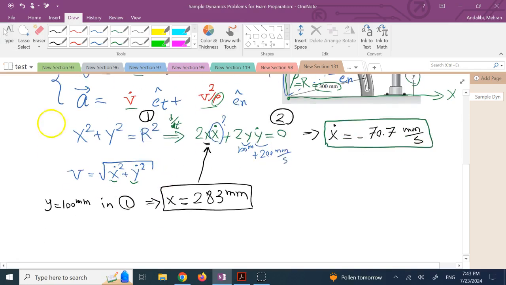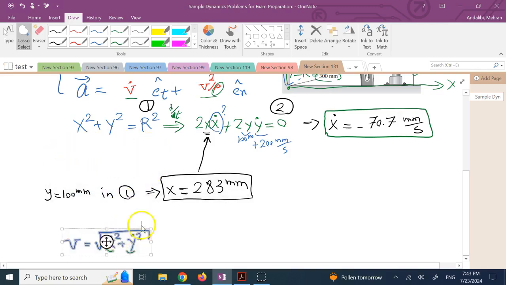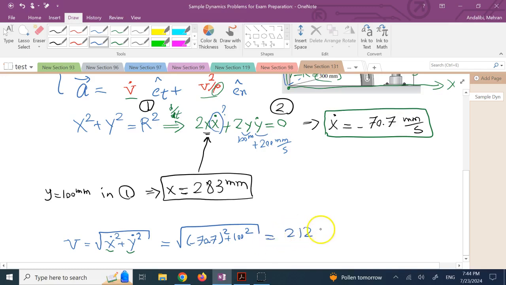From here, I should be able to solve for what? Solve for v at that moment, the speed. So if I bring it down here, this is going to be the square root of negative 70.7 squared plus 100 squared. Okay, and you should get 212 millimeters per second.